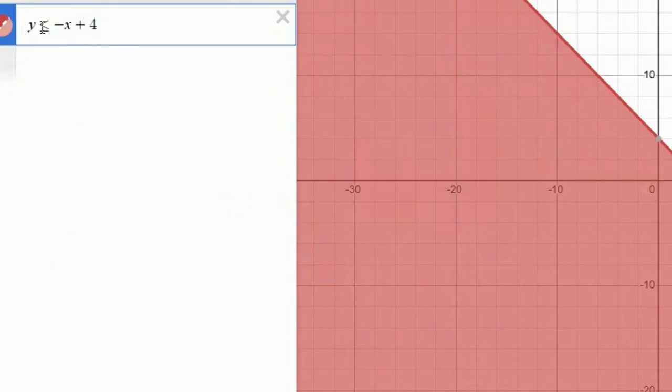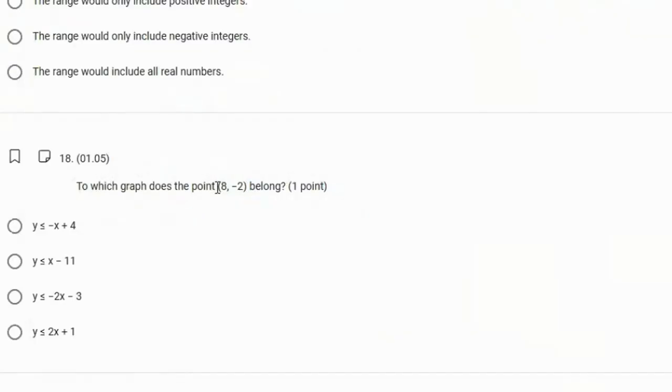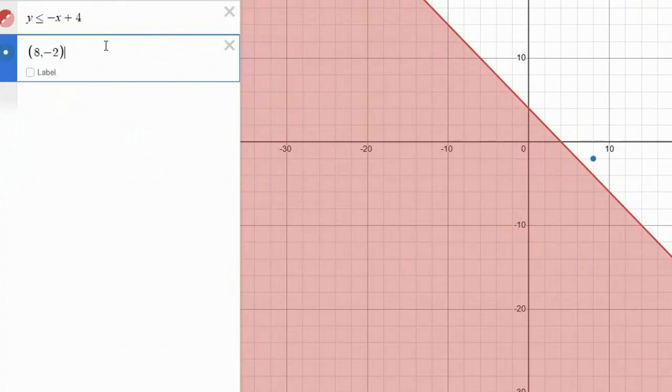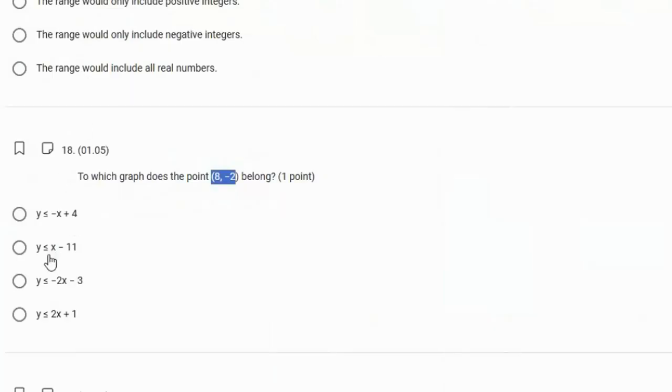So less than would include anything below that graph. So if you want to know, does 8, negative 2 belong in here, let's graph 8, negative 2 and see where it is. 8 comma negative 2. Oh, look there, it's right there. It's not part of this graph. It's outside the shaded area. So you can check all of these and see which of them belong.